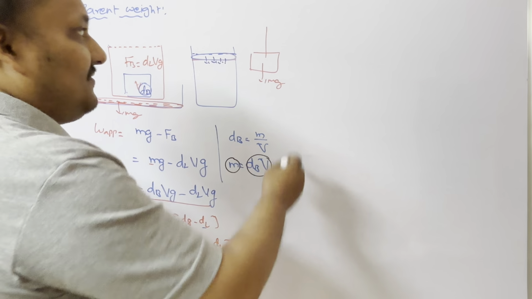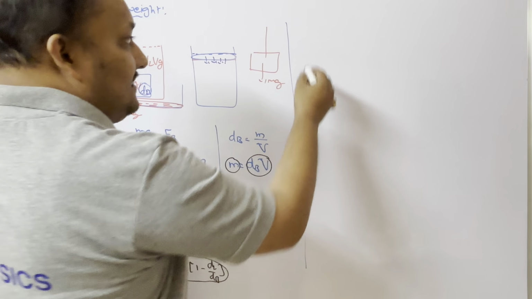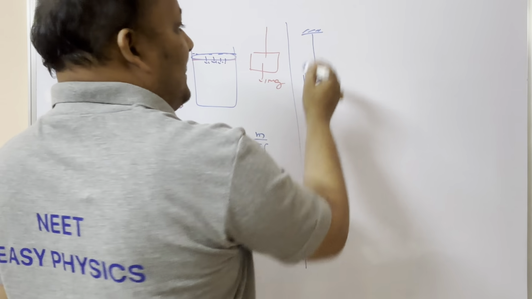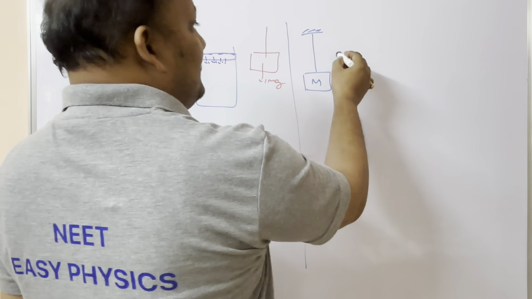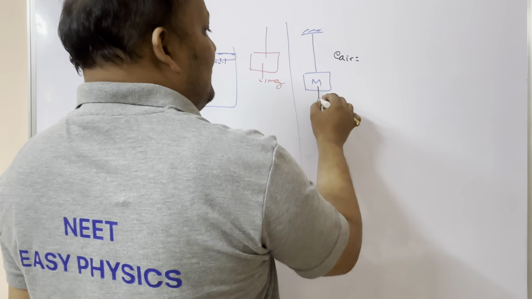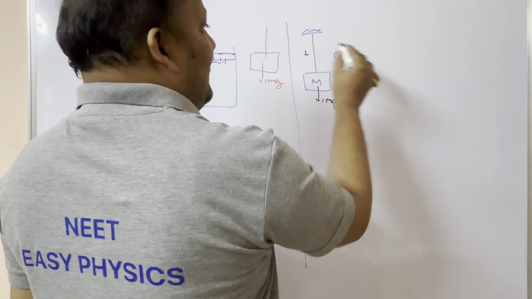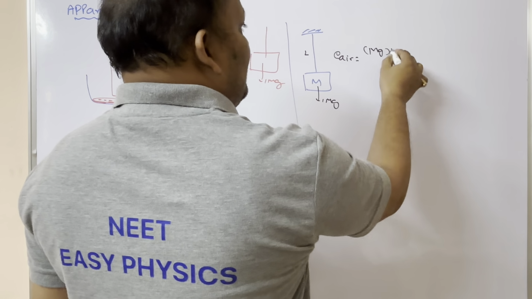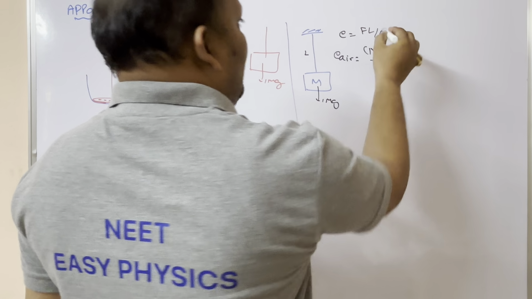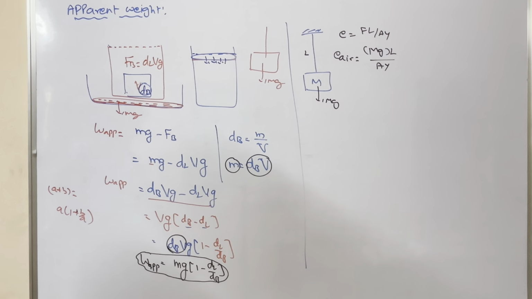So, in properties of solids, we discussed if an object is suspended by mass, what is the elongation in air? We said elongation in air is this mg is acting at L length, therefore mgl by AY. So, we wrote FL by AY form, mgl by AY.